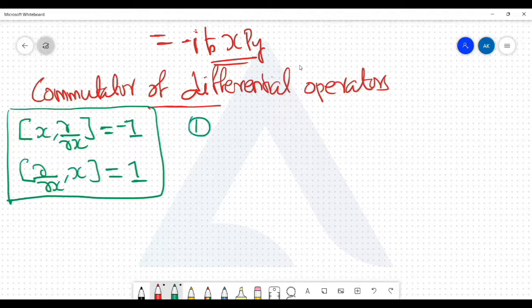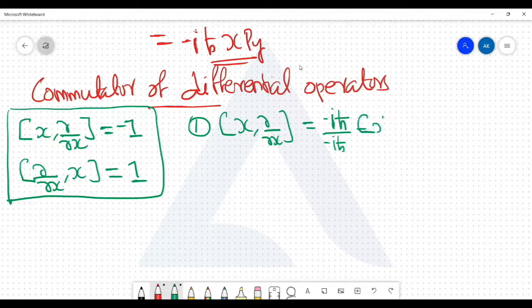Questions. x ∂/∂x. Let me prove this. Okay. In order to prove, what I am doing is I am just multiplying and dividing with the iħ, minus iħ. I can take the constant inside into here, x ∂/∂x.